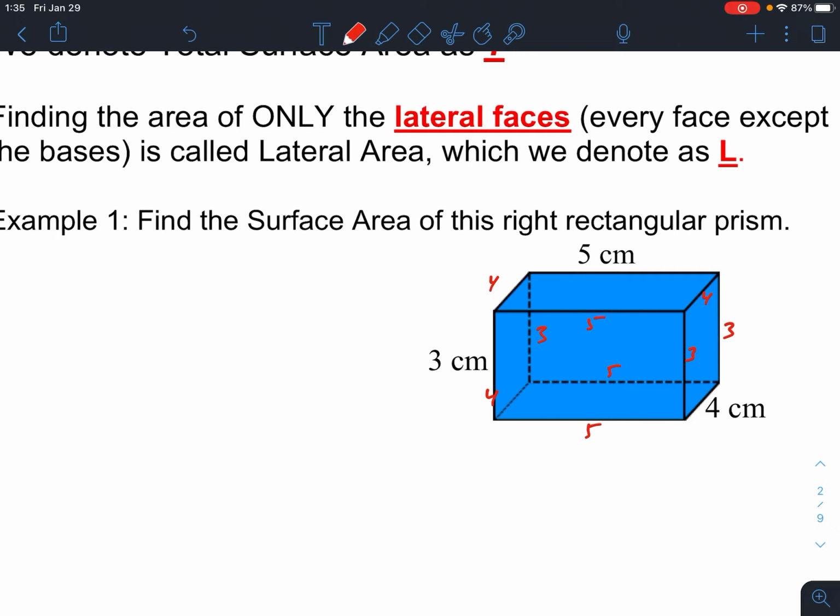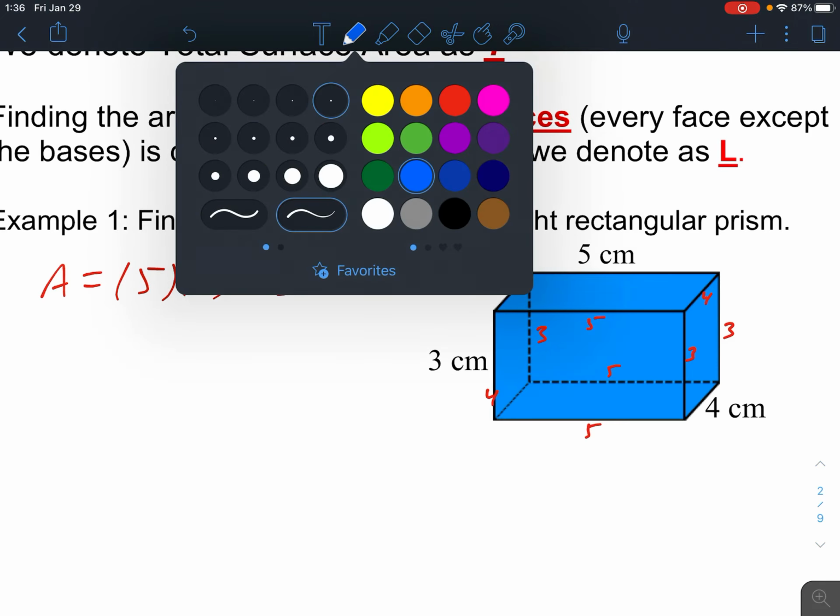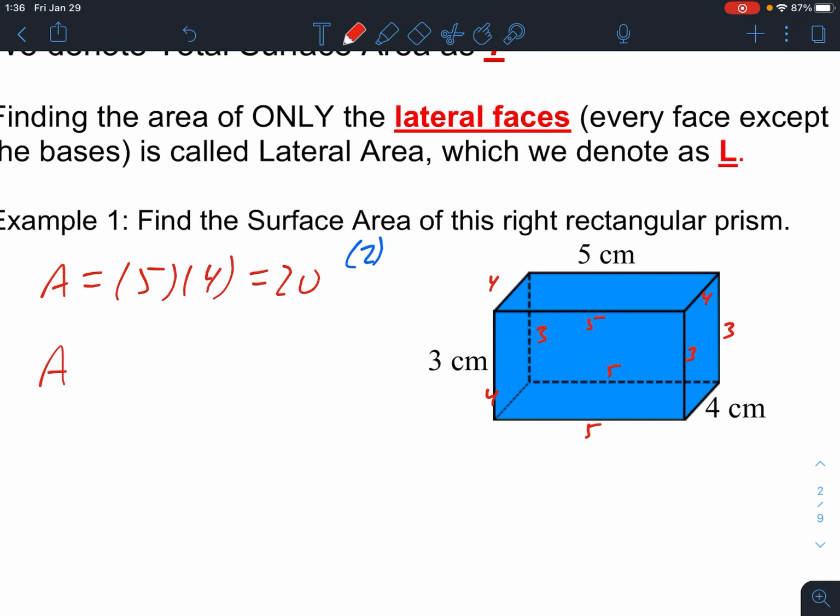So let's start with the top there. The top would be 5 times 4, because that's how you find the area of a rectangle, right? Length times width, which is 20. Keep in mind there are 2 of those. All right, now let's do the left side.